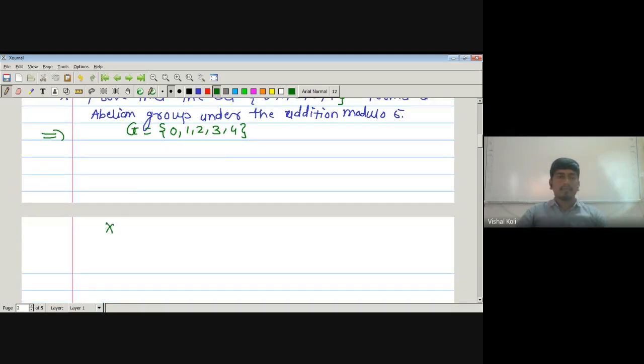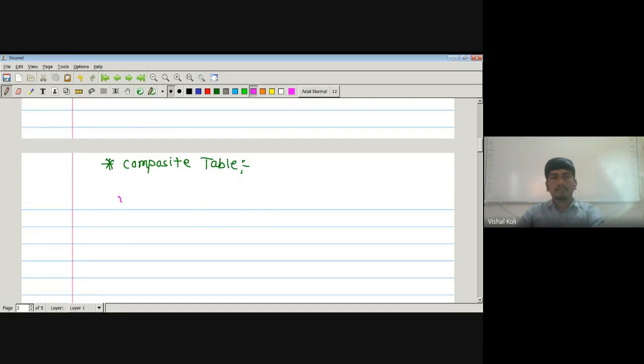Its composite table is nothing but, the binary operation is addition modulo 5.